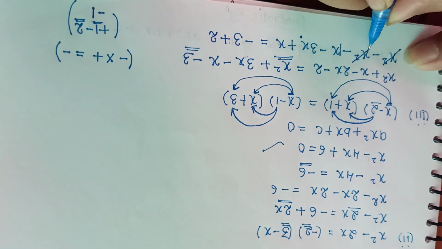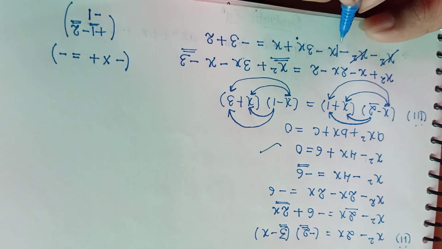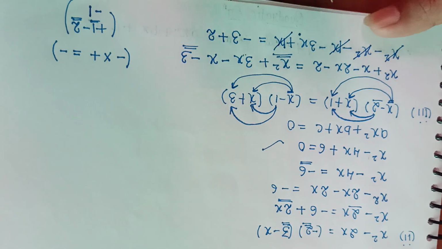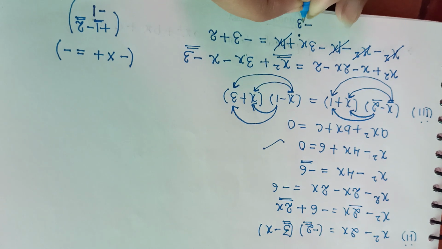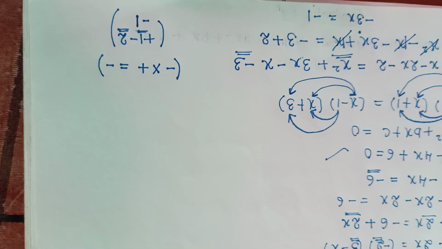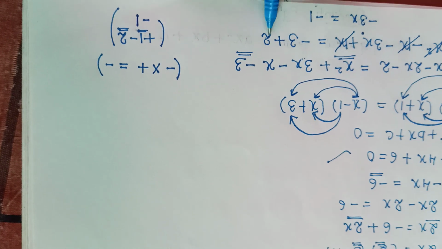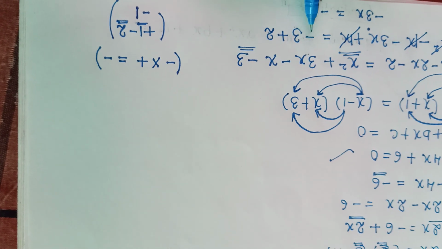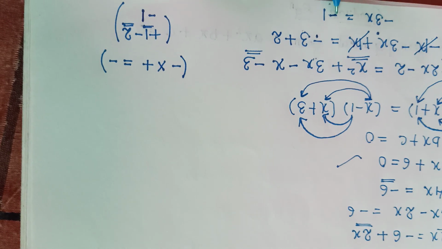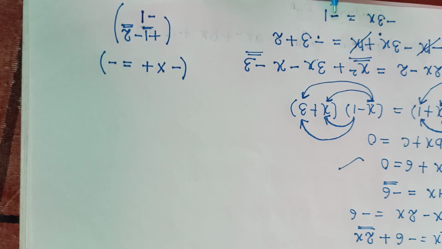X square cancelled with each other, whereas minus 1x plus 1x cancelled with each other. What we will get, that is 3x is equals to minus 1. As the highest number is 3 and 3 carries minus sign, that's why we have wrote minus along with 1.